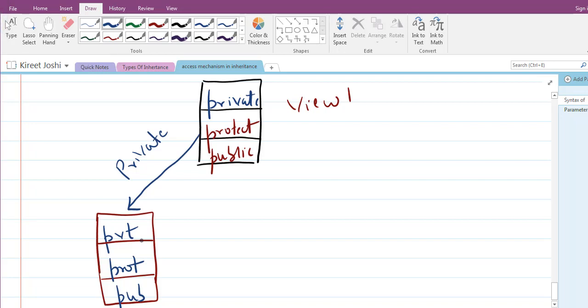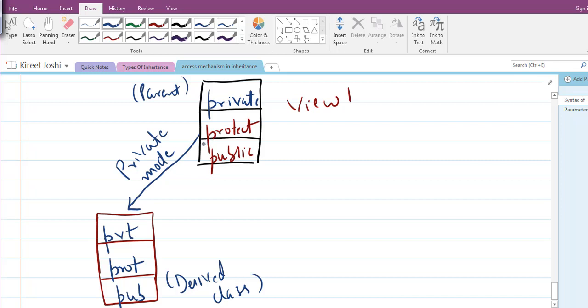How this derived class sees its parent class members is known as the private visibility mode. So this is the derived class and this is the parent or base class. How will this derived class view the features of its parent class?